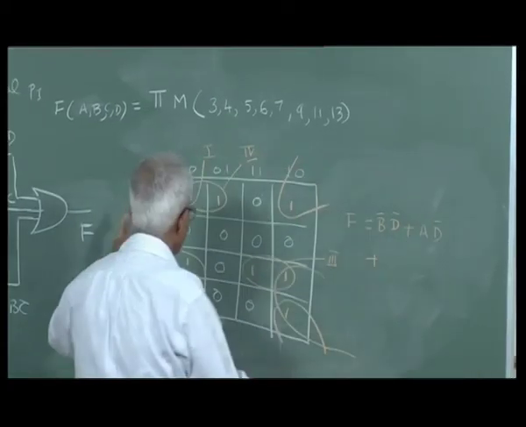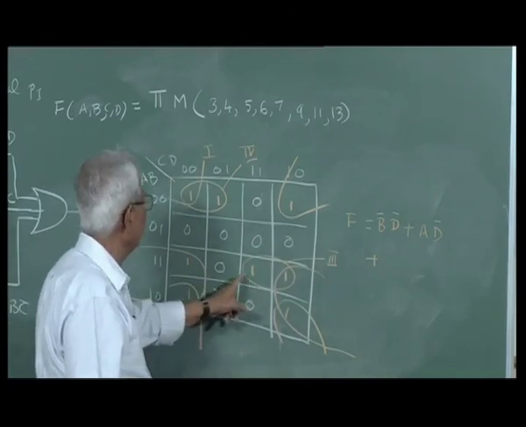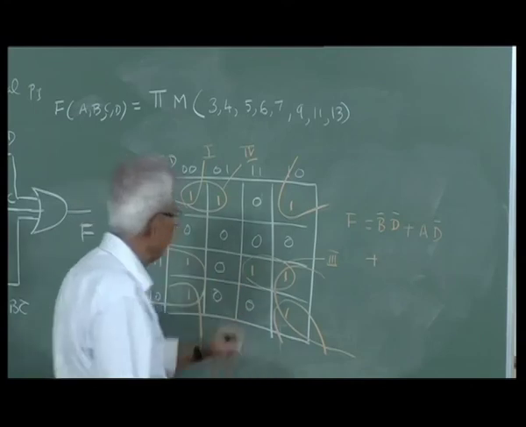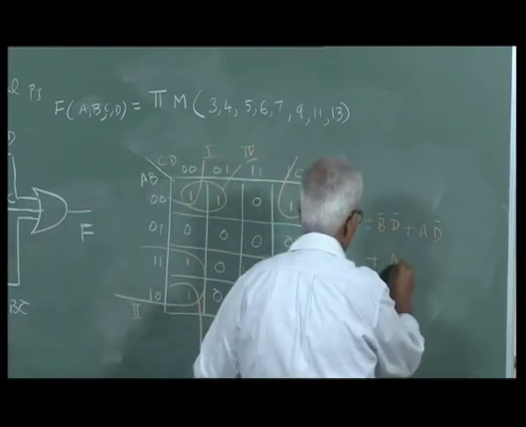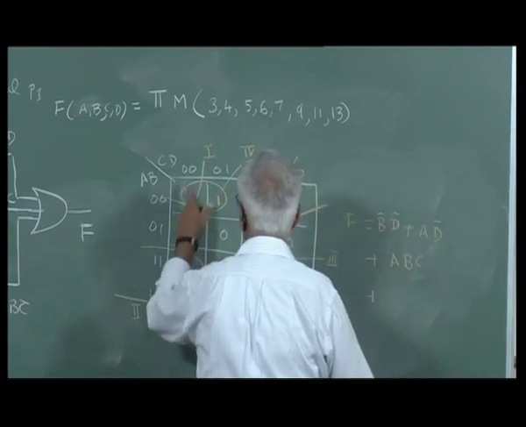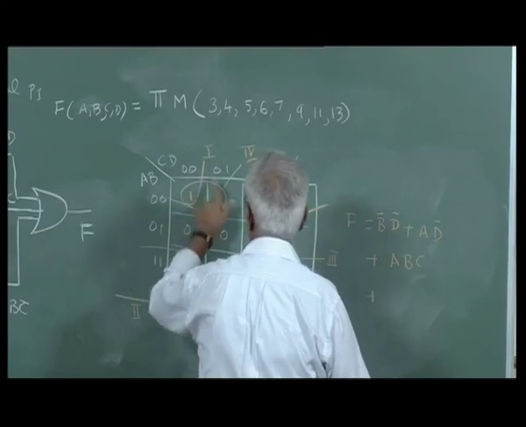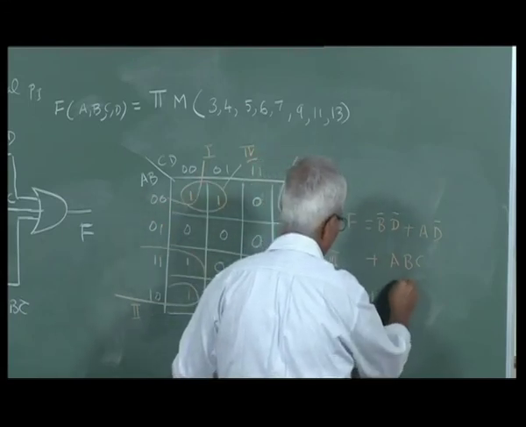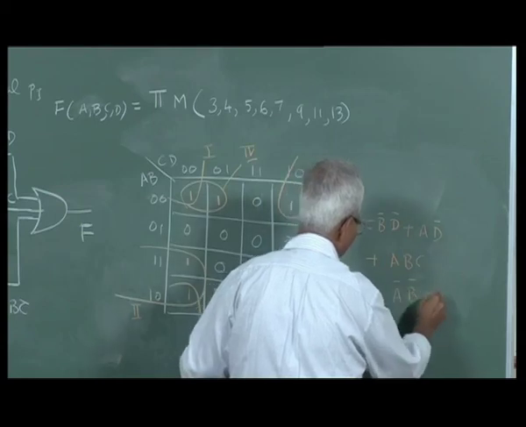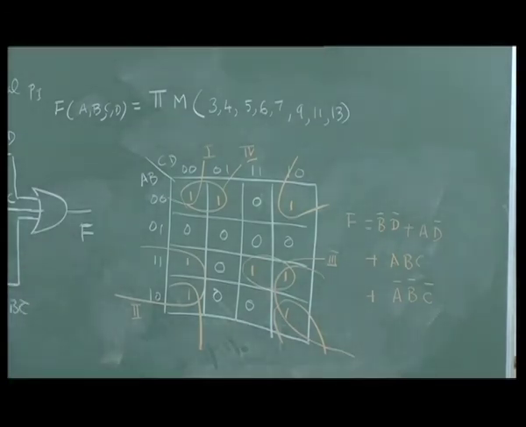Third one is A, B, C. Fourth one is A bar, B bar, C bar. Any doubts? Any questions?